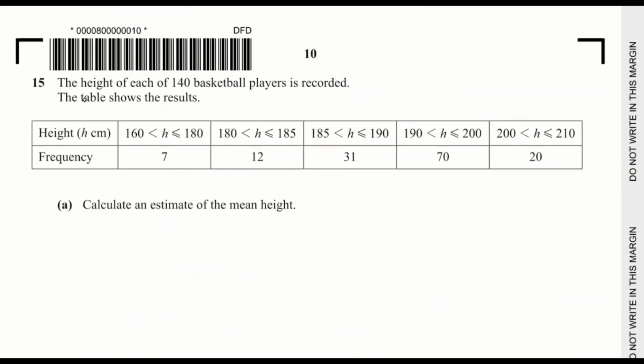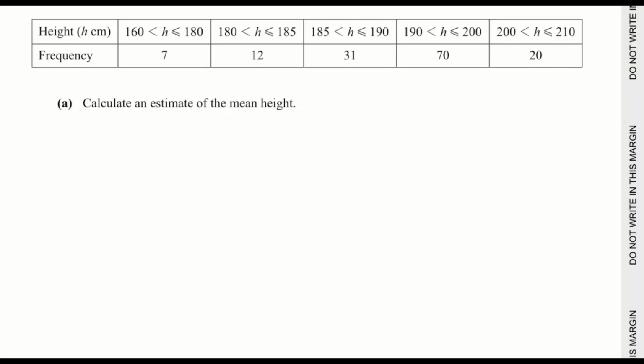Question 15. The height of each of 140 basketball players is recorded. The table shows the results. So we have the height and we have the frequency. Calculate an estimate of the mean height. Okay, so one thing you can quickly do here is to write the values here.